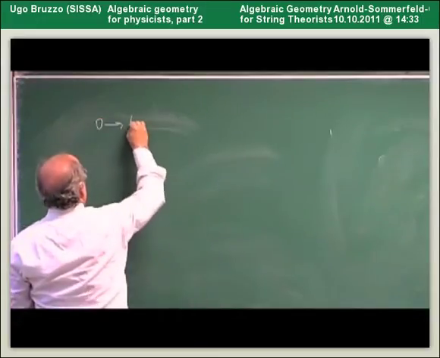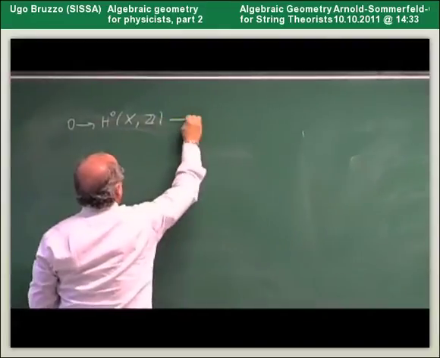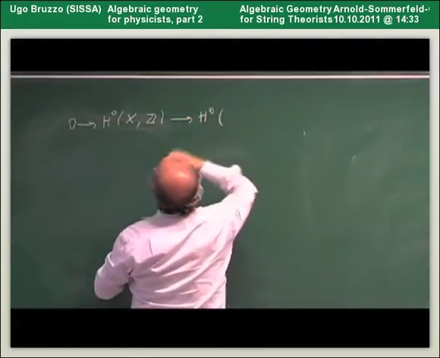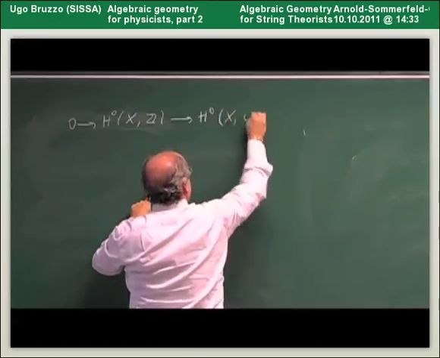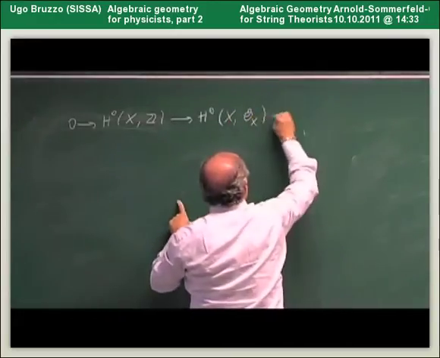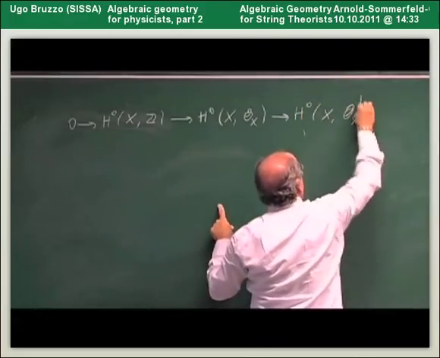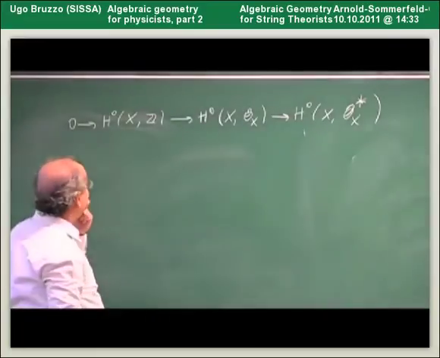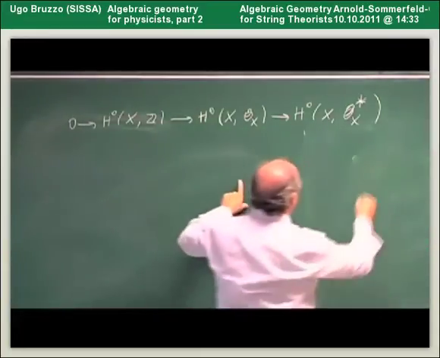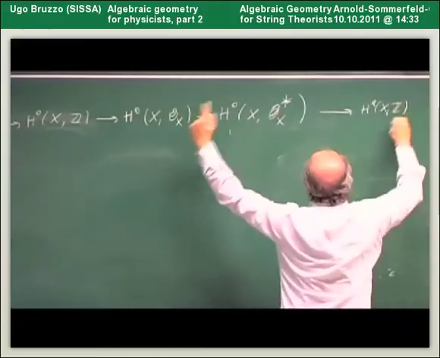The result is the following. Well, actually, there is an intermediate thing. We also need that X is connected. So the first piece of the long exact sequence is this. And then it goes to H1 of Z, the beginning of what I wrote up there.